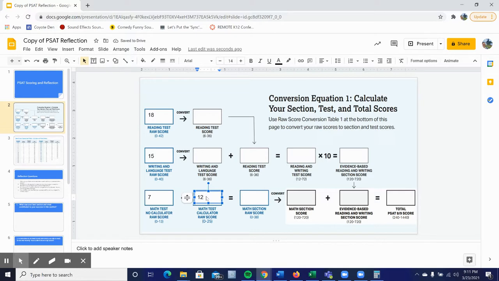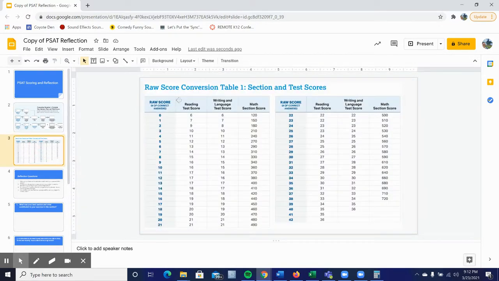Now, once you have these 4 pieces of data entered into our chart, we are going to follow the arrows on our chart to calculate each of our scores. So if we got 18 questions correct on our reading test, we are going to look on slide number 3 and find our reading column.